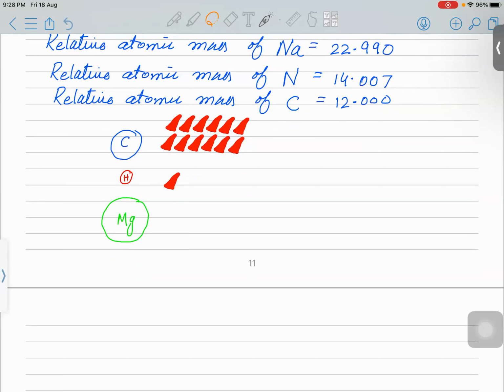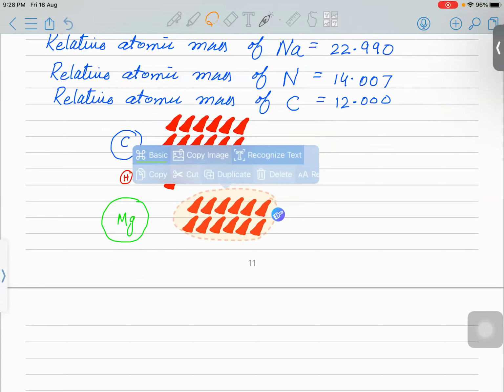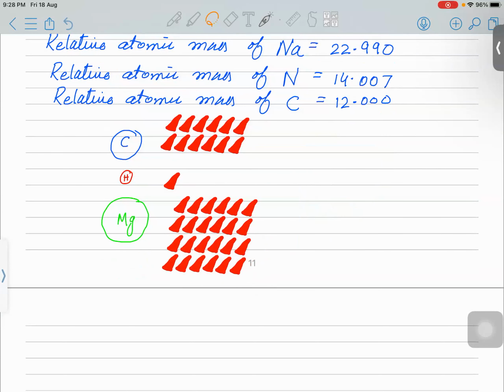Okay, sir. Now for magnesium, here you have 24. Now you can take the ratio, right?